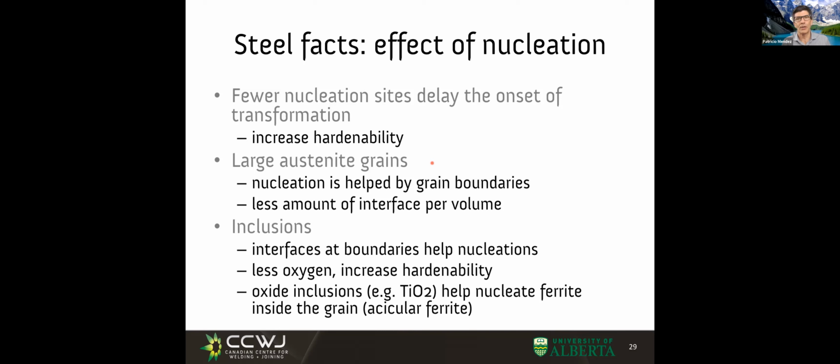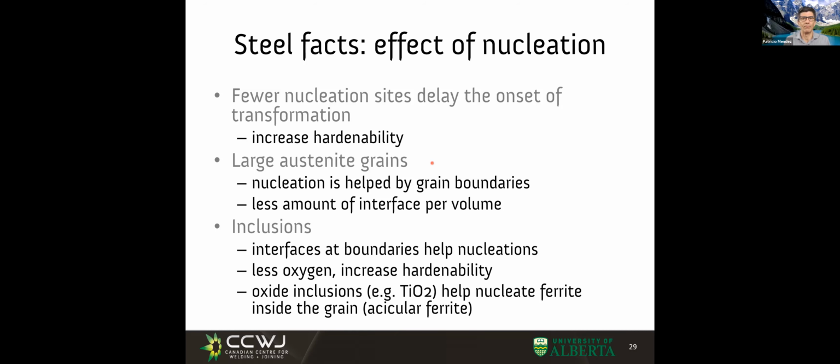And if your austenite grains are very big, that means you have a lot of volume with little area in which it can nucleate. So big austenite grains are more hardenable than small austenite grains. Big austenite grains are more or less the same as having higher alloying elements.